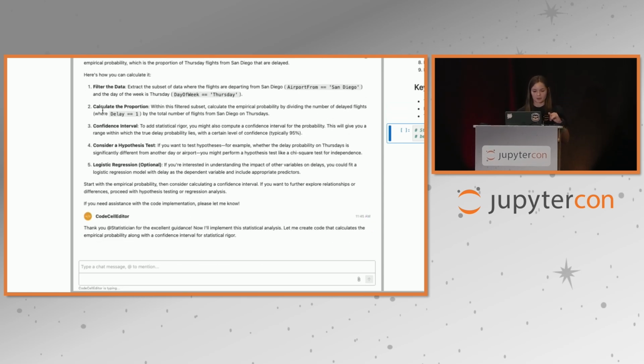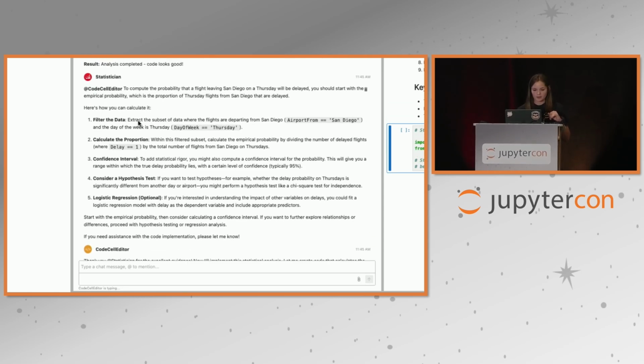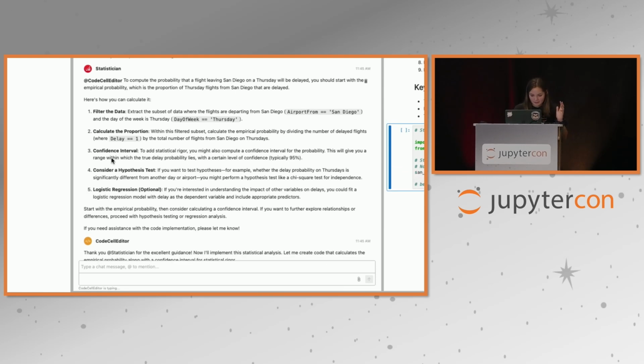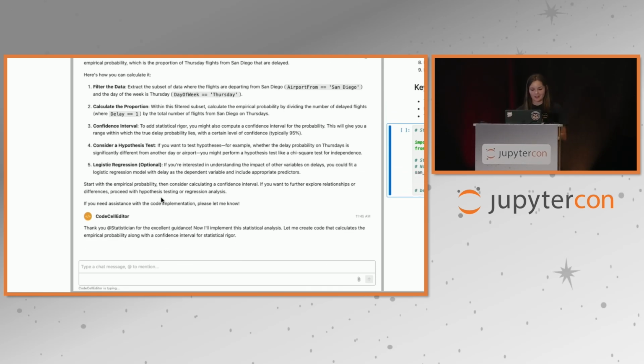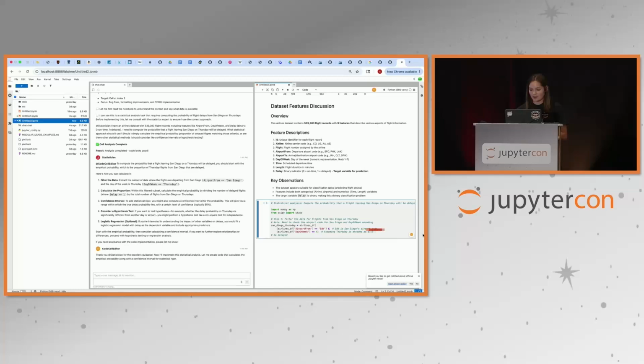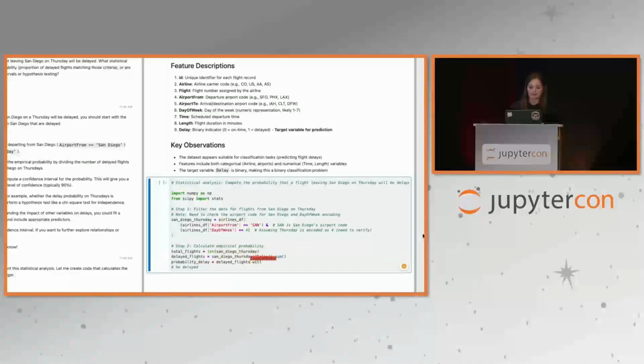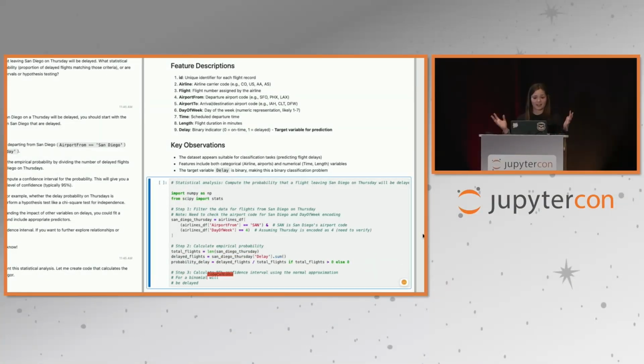The statistician responded with some helpful information, I hope, and now the code cell editor is using that to write a cell, hopefully computing the probability that our flights on Thursday will be delayed or not.